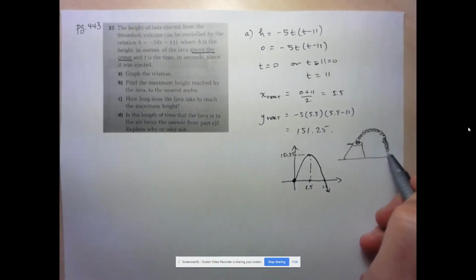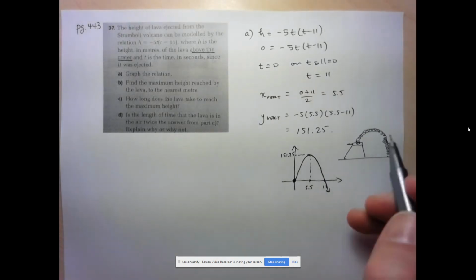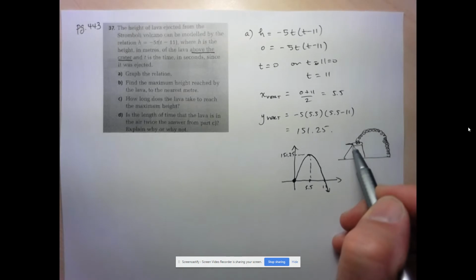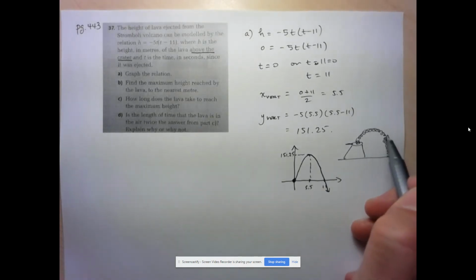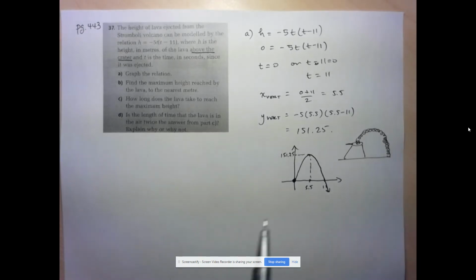This is likely going to keep going down below it. So this is one of those scenarios where we might want to consider negative height, because we're considering a height above the crater, whereas the crater is on a mountain, so it's going to go down below that. Just a bit of an interesting thing in this question.